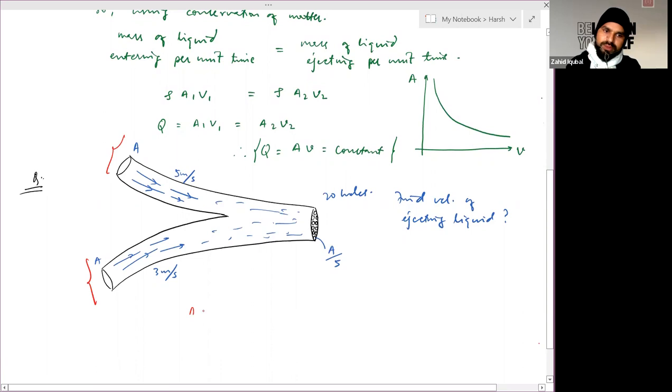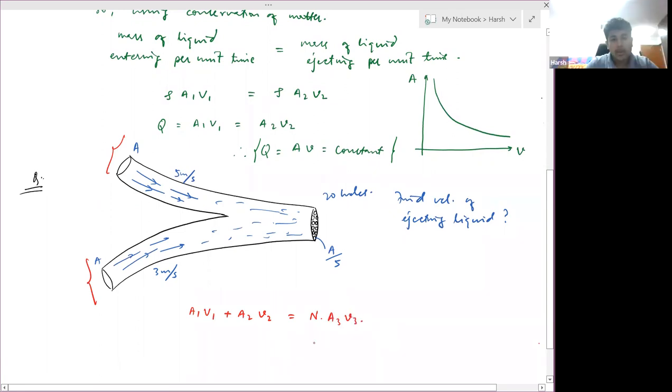So A1V1 plus A2V2 must equal A3V3. But on the right-hand side, we have a number of holes, so it must be n times A3V3. Is it clear? Yes, sir. Now put all the values and simplify to find V3.